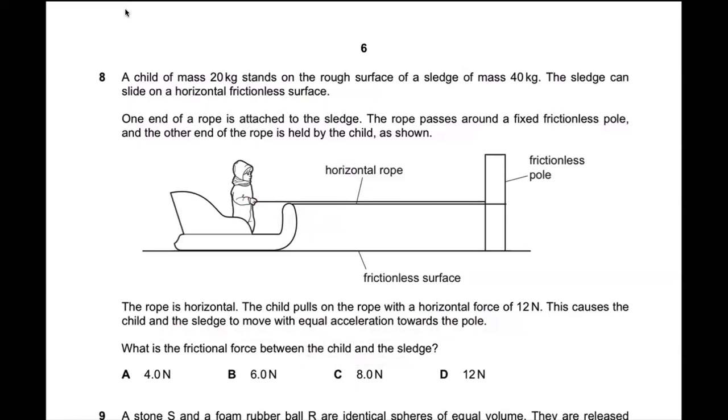Let's start out by marking the different forces on these two things, which are the child and the sledge. If the child is pulling on the sledge, there's going to be definitely some tension in the rope. Because I'm talking about the child right now, this tension is going to be marked away from the child. And there is going to be some frictional force which should be in this direction, right?